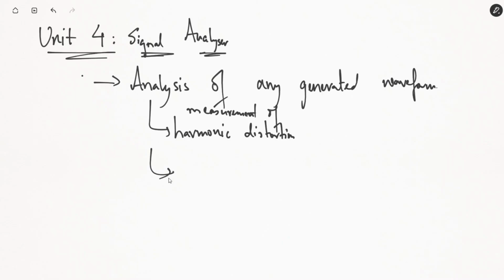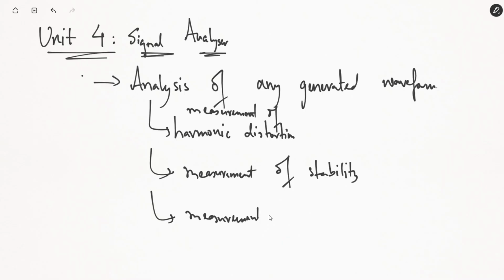This analysis can be measurement of stability or steady state characteristics of the system. This can be measurement of noise, disturbances, etc.